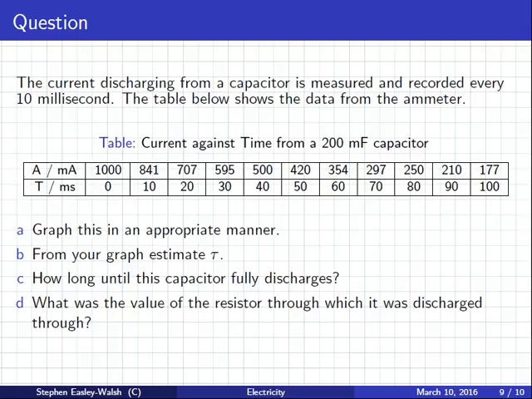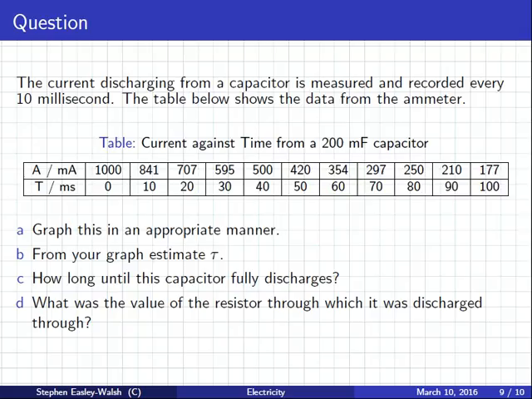So what's the first thing you need to do for this? Convert, yeah, linearize it. Change all of these into log their value. So this would be log 1000, log 841, log 707.